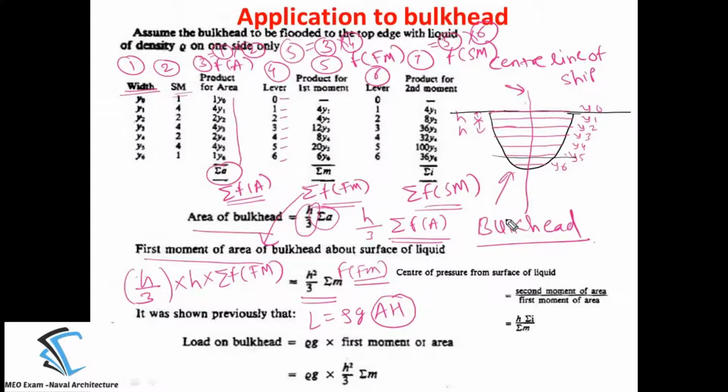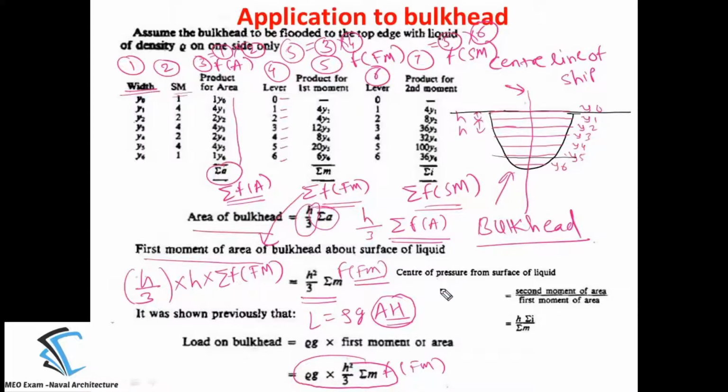But this is an irregular shaped body, so instead of Ah we can write directly the first moment of the area. So the load acting on the bulkhead will be rho g into h square by 3 into the summation of first moment. Like this you can calculate the load acting on the bulkhead.